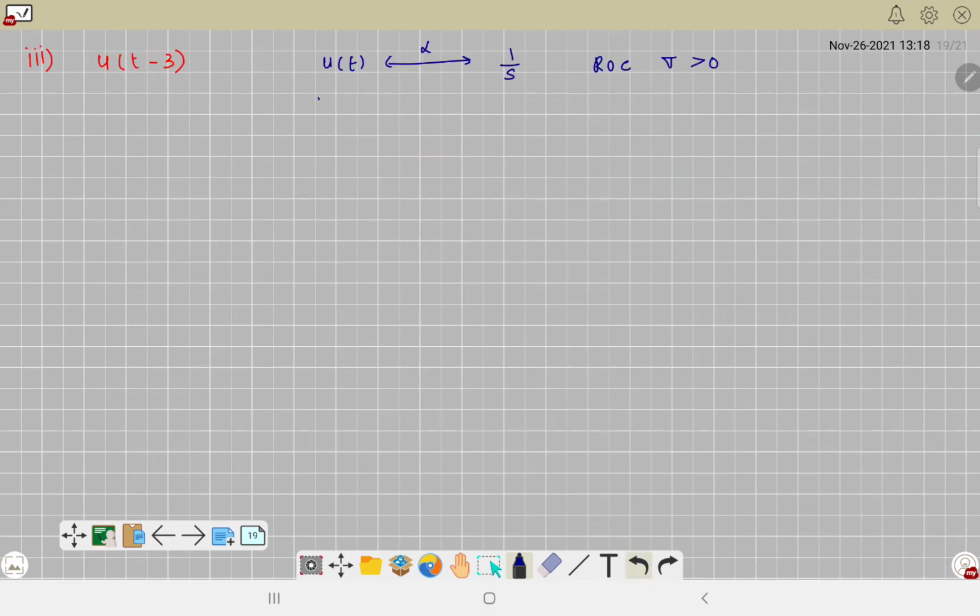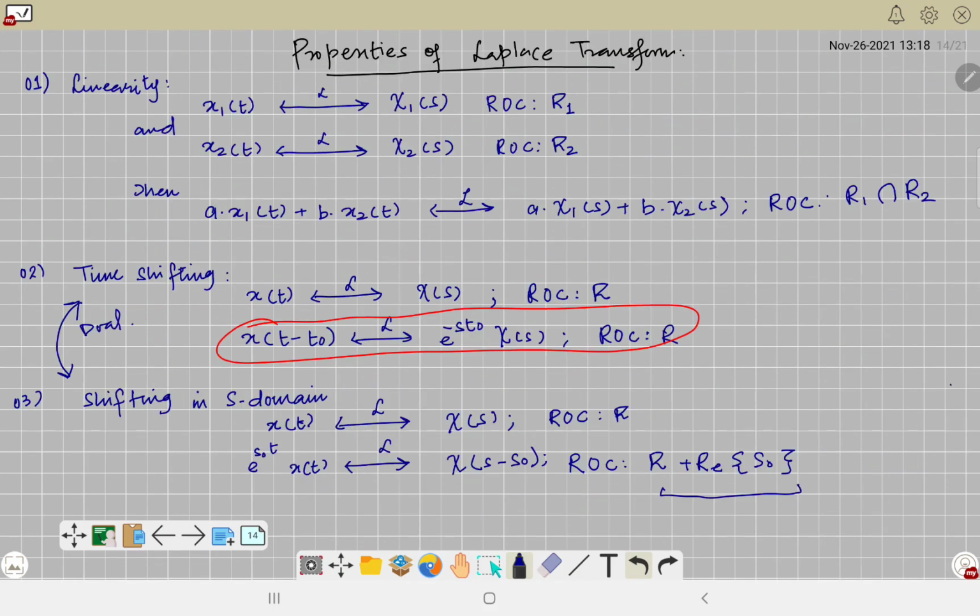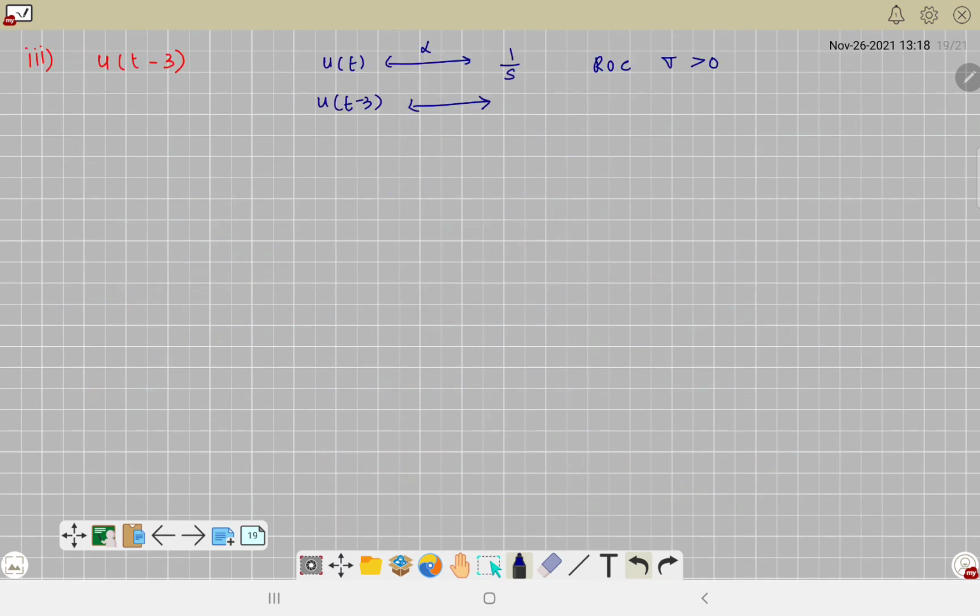So u of t minus 3 is equivalent to, as per this property, e raised to the power minus s t naught, that means e raised to the power minus 3s into 1 by s, and the ROC will still stay the same. ठीक है, so using that time shifting property, you can directly write it will be e raised to the power minus 3s divided by s with ROC sigma greater than 0.